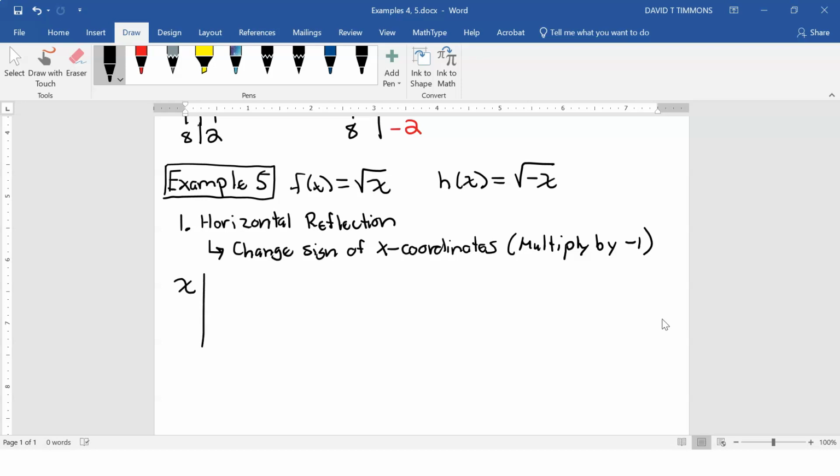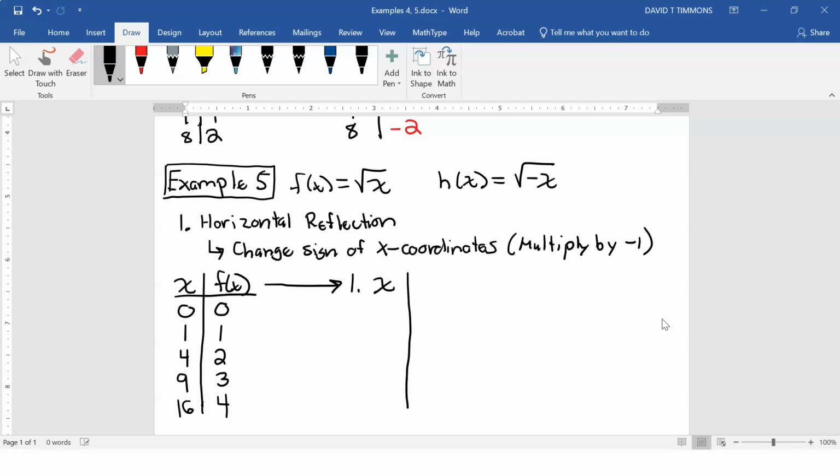So again, we'll come up with the base points of our function. So this would be 0, 1, 4, 9, and 16. There's our 5 coordinate points. And then we'll just take the square root. And let's apply the transformation. So now we'll have x and h of x will be the y values.